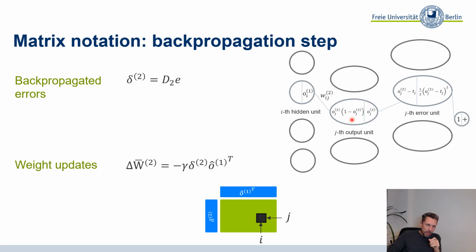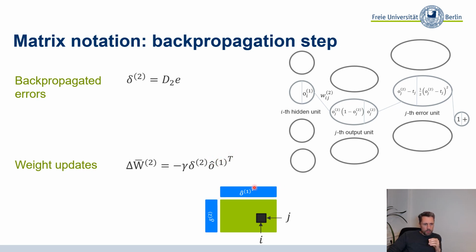Now from here, in delta superscript 2, we have the gradient in a vector that corresponds to this output layer. Now to compute the change for a parameter wij in the second layer, we need to multiply this with the output of the hidden layer. And so to obtain a matrix, we use this outer product, delta 2, which is a vector, times O hat superscript 1 transpose.